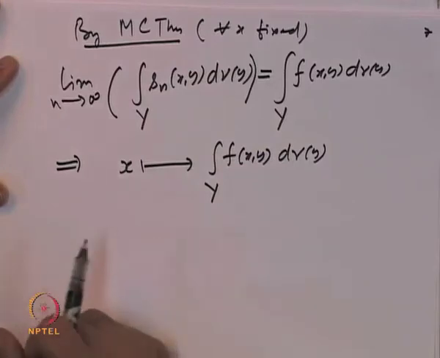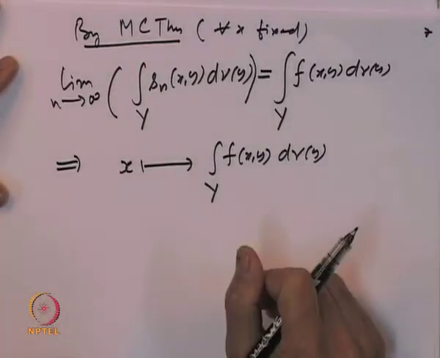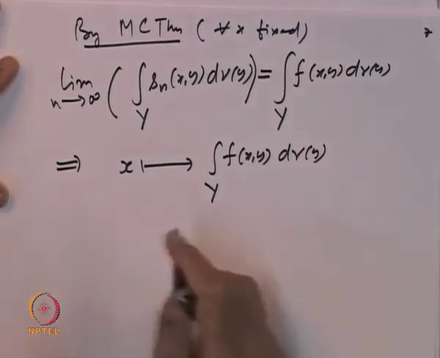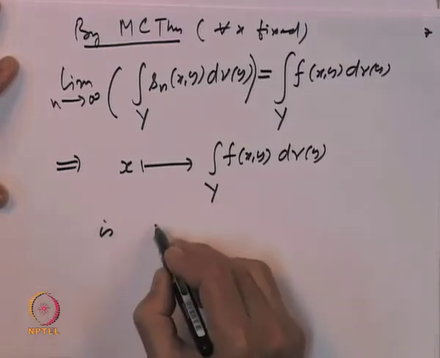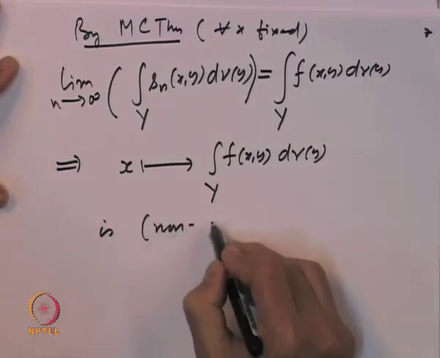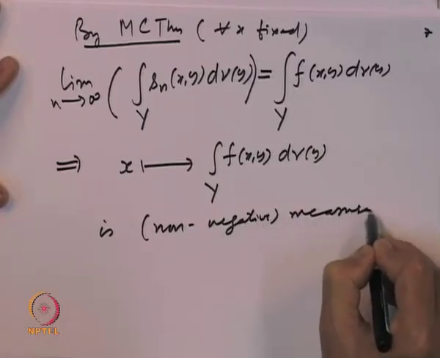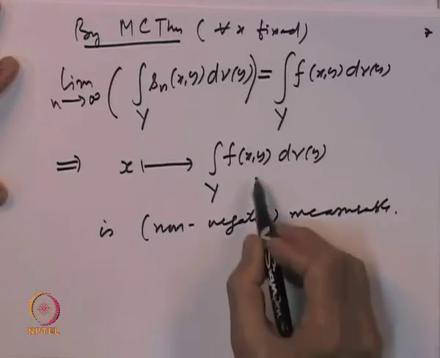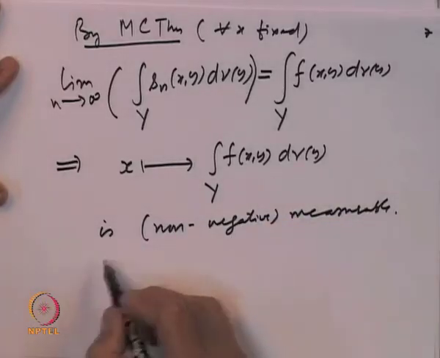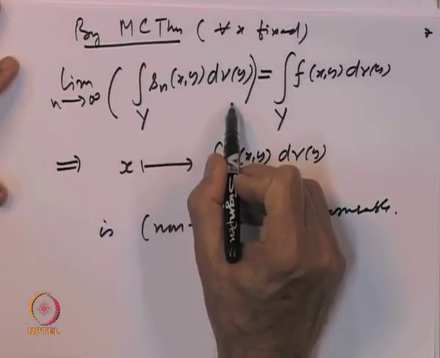So, that means that this function is measurable. It is a non-negative measurable function, and it is a limit of this sequence of non-negative measurable functions.